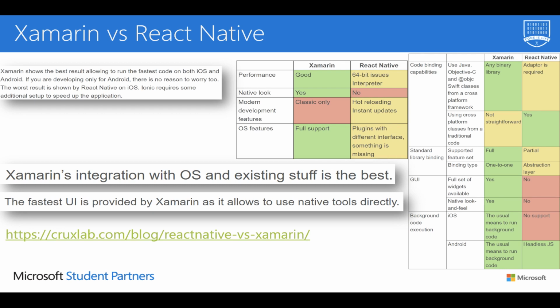Just see that React Native doesn't have all the APIs available, only limited ones. You don't have lots of widgets. You don't have lots of native look and feel controls. And you have no support for background code execution in iOS.